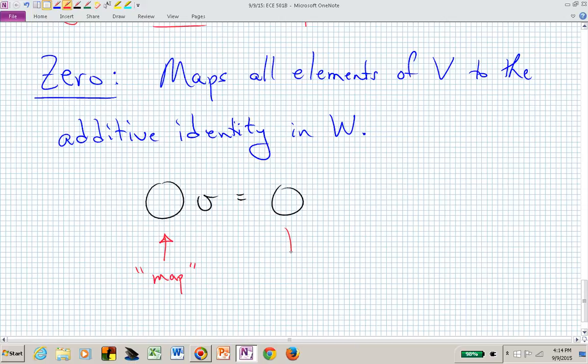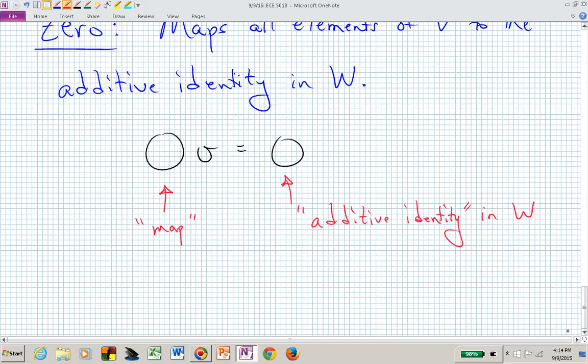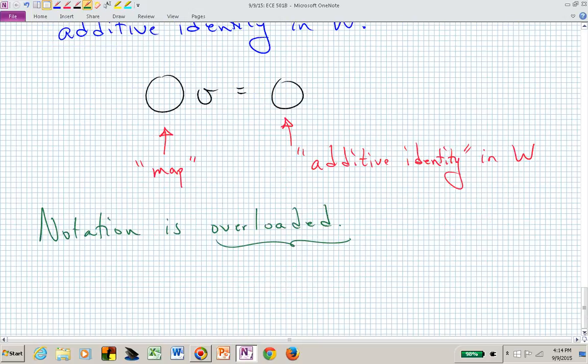On the right-hand side, it's the additive identity in W, which really is saying that the notation that we will be using is in fact overloaded, where we are using the same symbol, 0, to mean several different things.